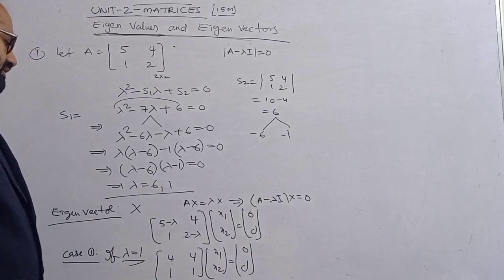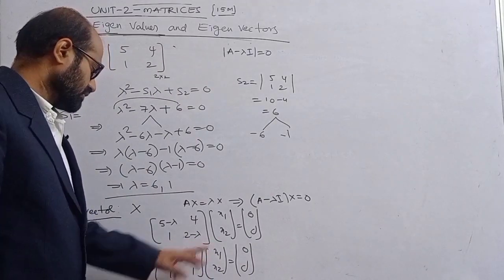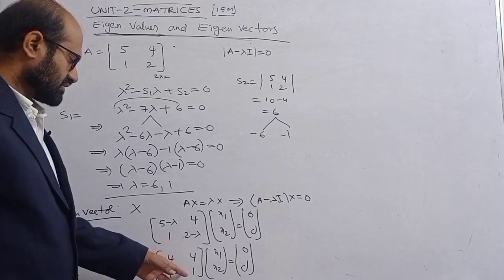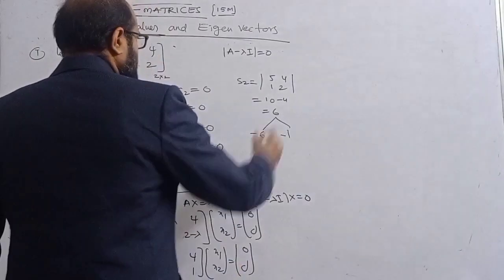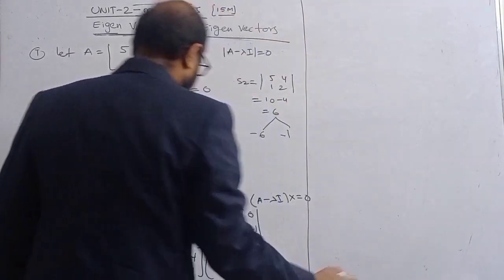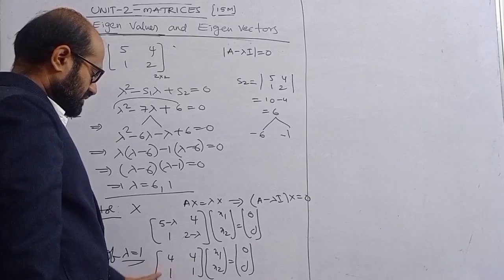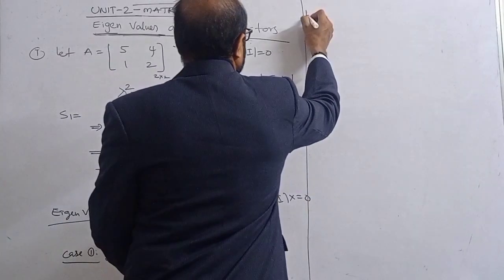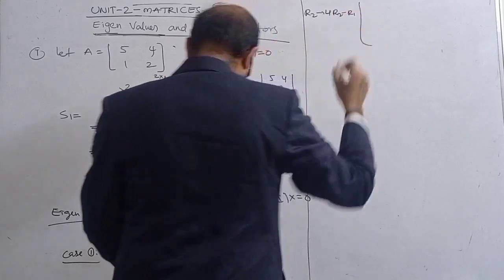Directly we get two equations, and by solving them we can find the answer, but I can change this into echelon form to get the answer easily. To make this entry 0, I use the formula R2 is 4R2 minus R1.